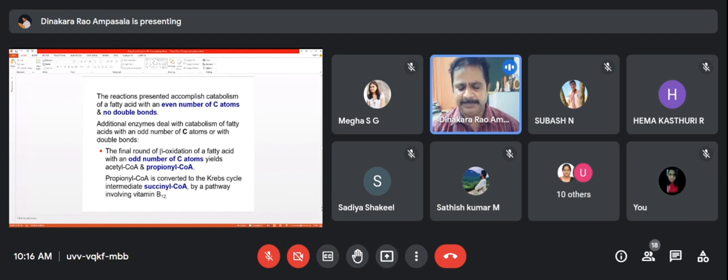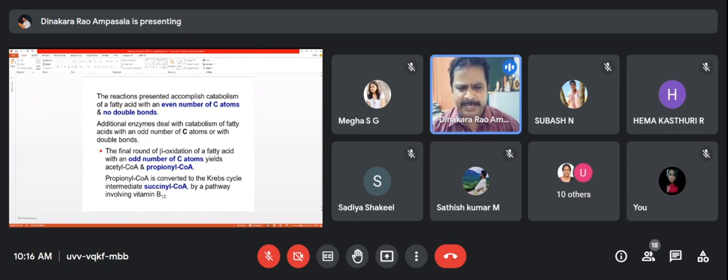The final round of beta oxidation of fatty acids with an odd number of carbon atoms yields acetyl-CoA and propionyl-CoA. Acetyl-CoA is a 2 carbon molecule, propionyl-CoA is a 3 carbon molecule.